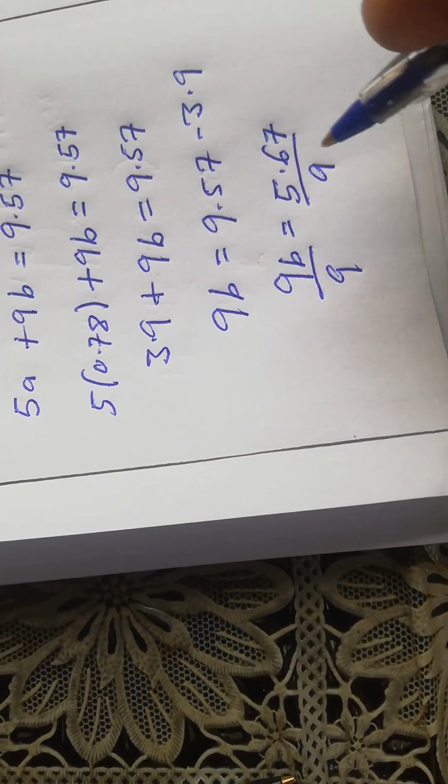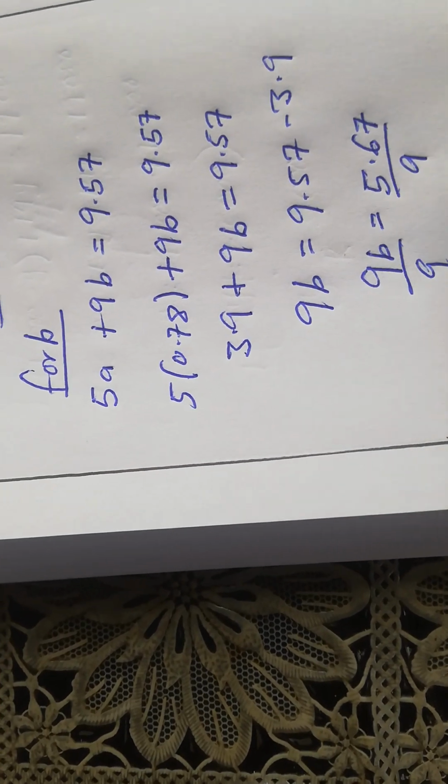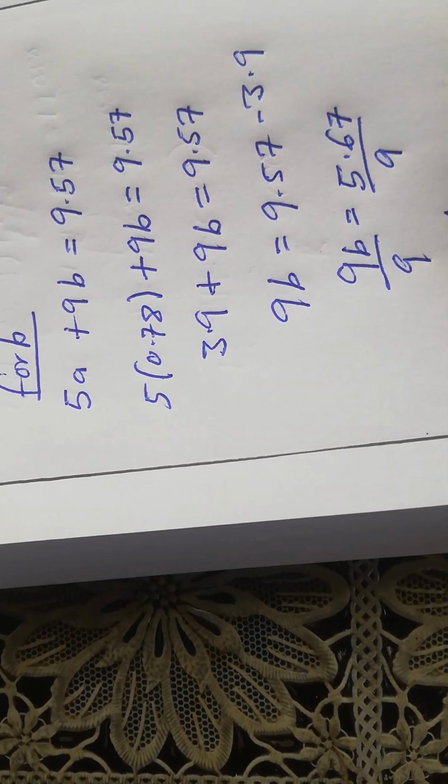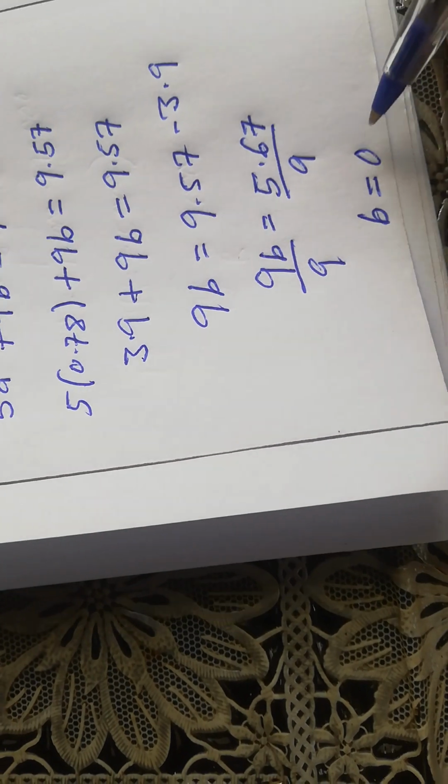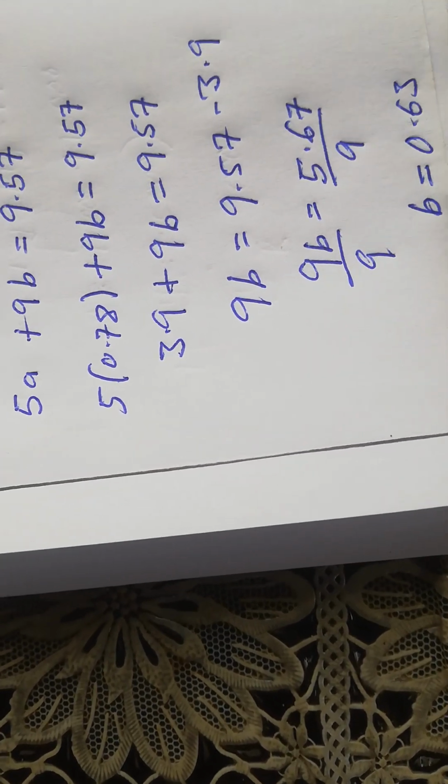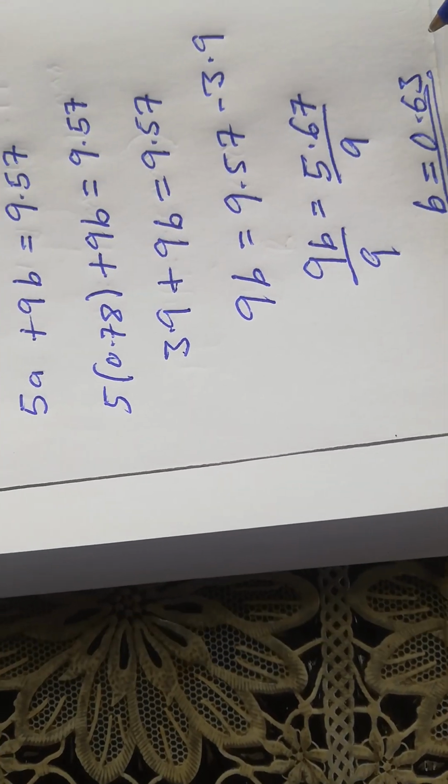Why are we dividing by 9? Because we want to find the value of B. So the value of B, or the cost of a banana, is 0.63 kwacha, which means 63 ngwe.